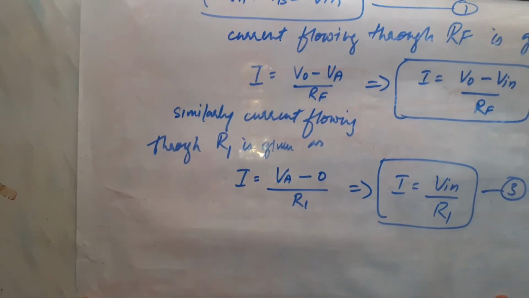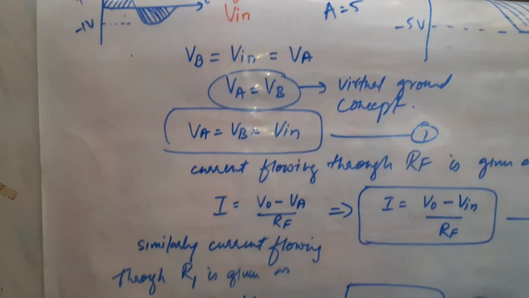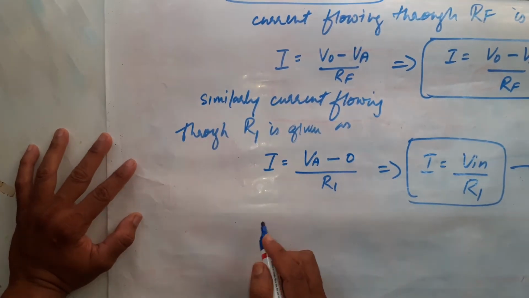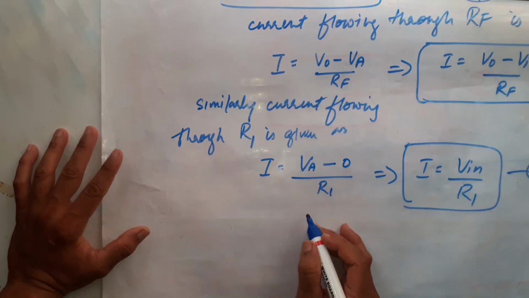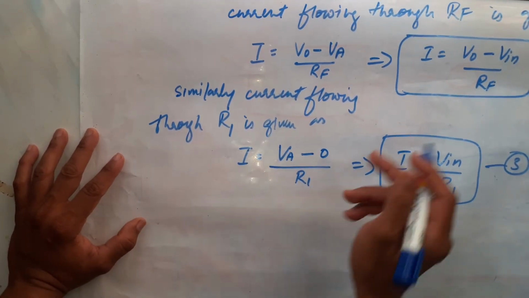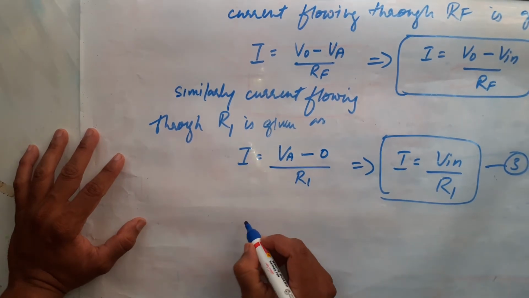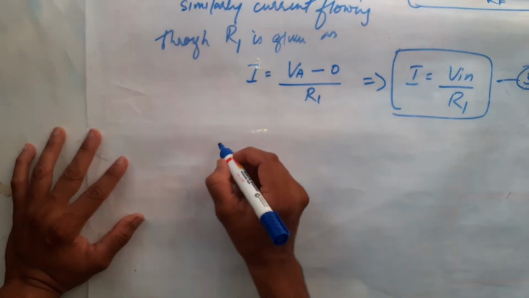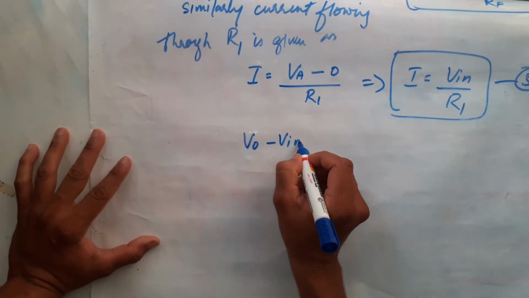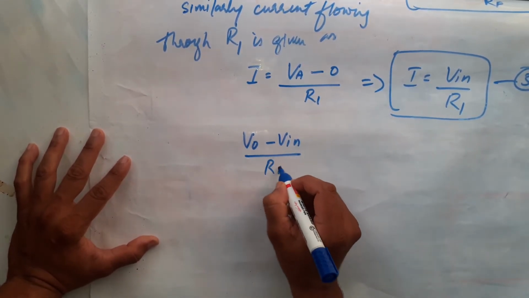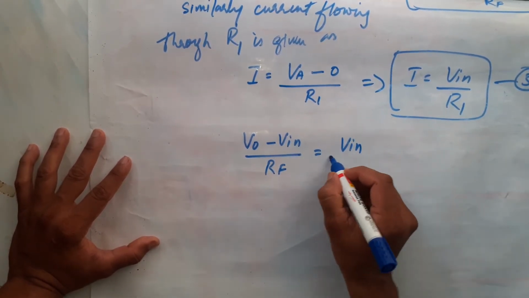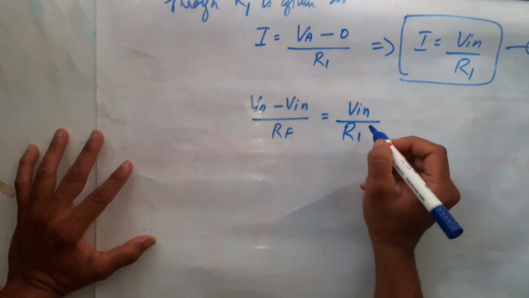Now, as the same current is flowing through RF and R1, I can equate equation 2 and equation 3, because I and I are the same. So if I equate this, what will I get? V naught minus Vin divided by RF equals Vin by R1.